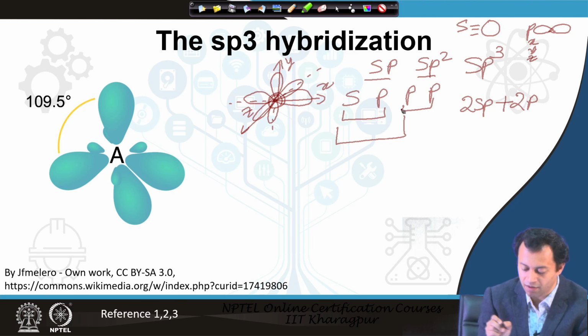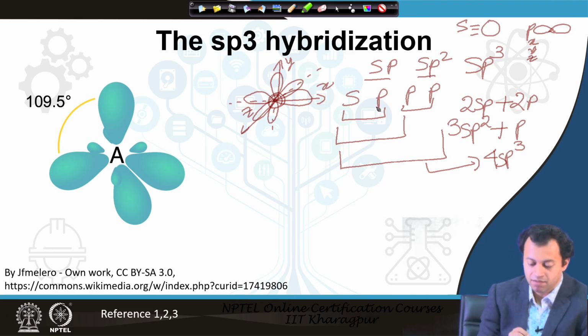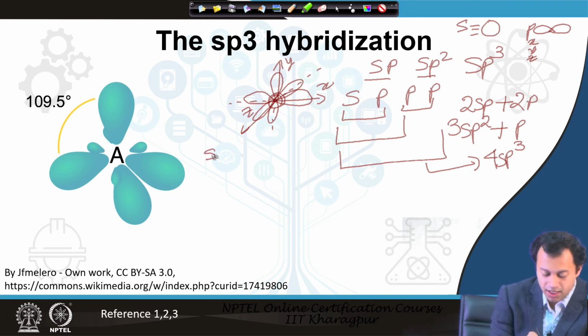When 3 of them have merged, we have 3 sp2 orbitals plus p, one of the p has remained empty, and when you have all of these merging together, you have 4 sp3. Okay. When s and p merge, remember s is like a sphere and p is dumbbell shaped.